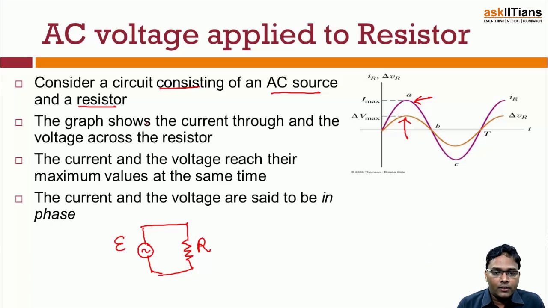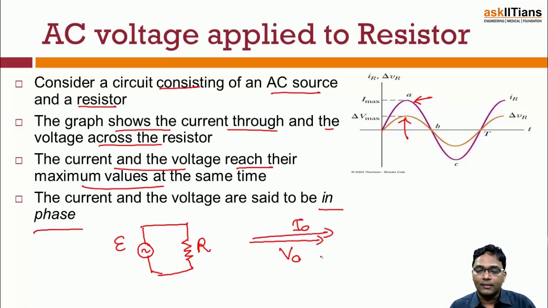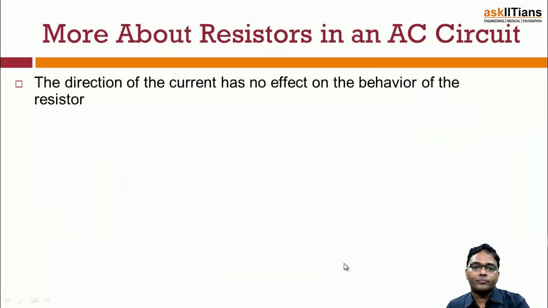Now if I go further, this graph shows the current through and the voltage across the resistor. The current and the voltage reach their maximum values at the same time, so they are in phase. Current and voltage are in exact phase. If I have to plot it, V naught is here and I naught is here. The current and the voltage are said to be in phase, that is, they move together, right?